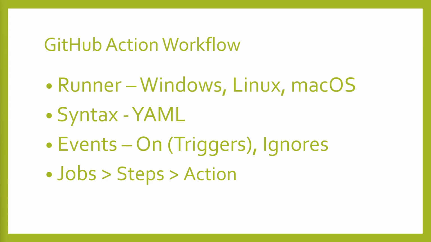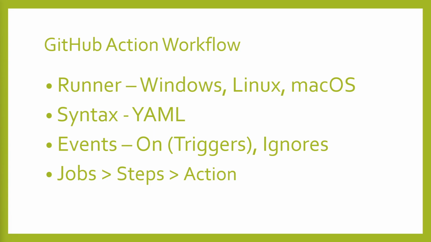So we have Windows, Linux, or macOS as our runner. Now, when we start to write our GitHub Action workflow, it's actually in the format of YAML. If you're familiar with Kubernetes, that's the kind of format. And we'll actually go through writing that in a moment.